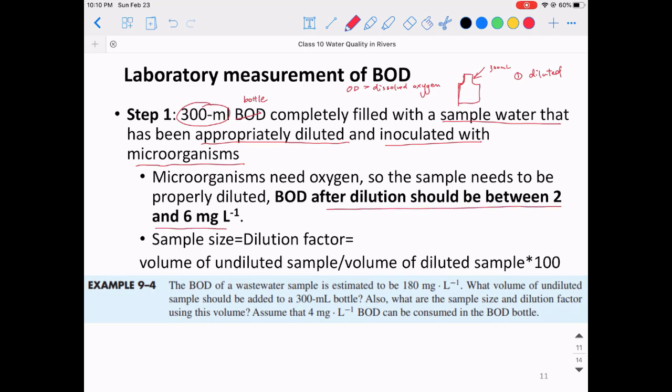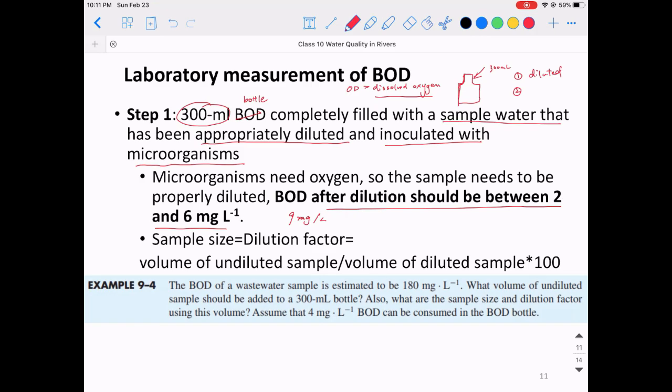Actually for this dilution, the BOD has to be in the range of 2 to 6 milligram per liter. This is mainly because the maximum dissolved oxygen in the water is around 9 milligram per liter, okay? So we have to make sure that the BOD in this bottle is lower than this value, and it's recommended that the BOD after dilution should be between 2 and 6 milligram per liter.